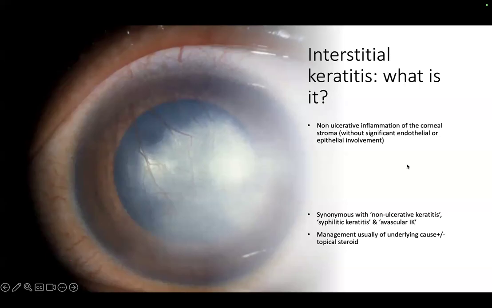So what is interstitial keratitis? Well, it's non-ulcerative inflammation of the corneal stroma without significant endothelial or epithelial involvement, as I've said. Synonymous with non-ulcerative keratitis, syphilitic keratitis. We don't see much of that now. And avascular interstitial keratitis. And usually we're in the business of managing the underlying cause of something like this.